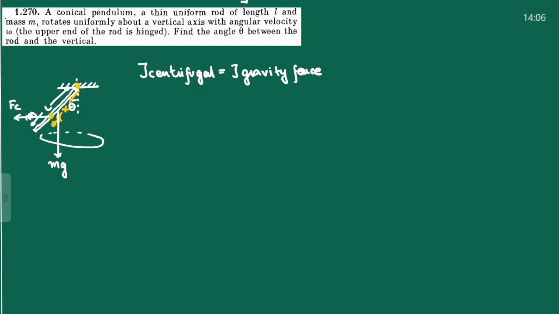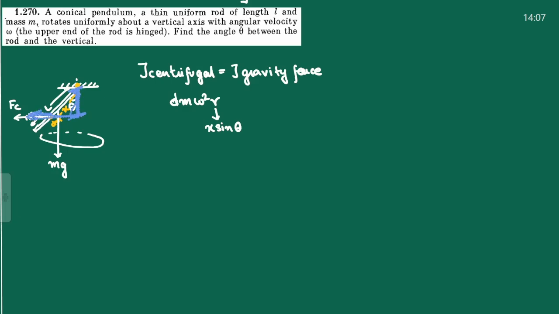So let's check. The centrifugal force is dm omega square r, but the value of r is nothing but the distance from the axis, which is x sine theta. And the value of torque is nothing but r cross f, no? So r cross f is nothing but r sine phi into f. If this is the direction of the centrifugal force, the value of r sine phi would be nothing but this much.